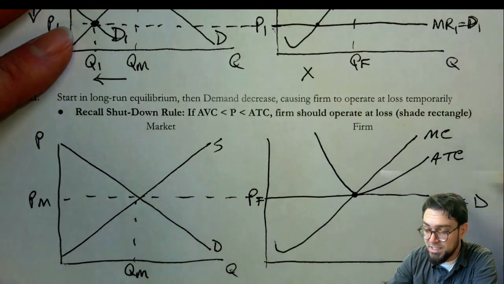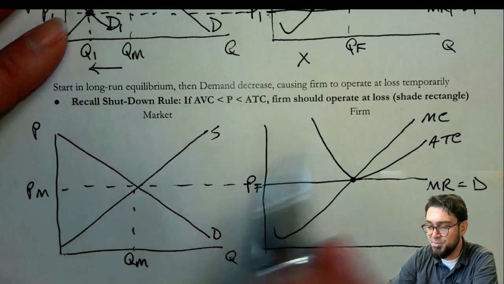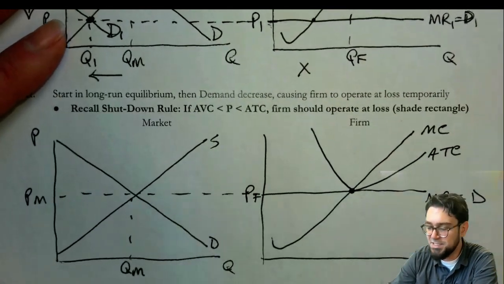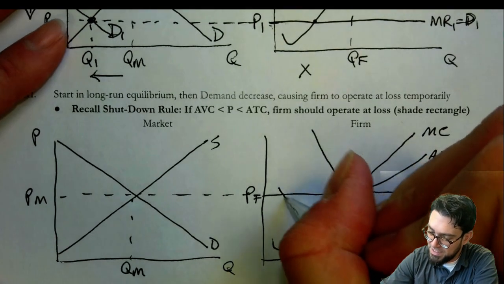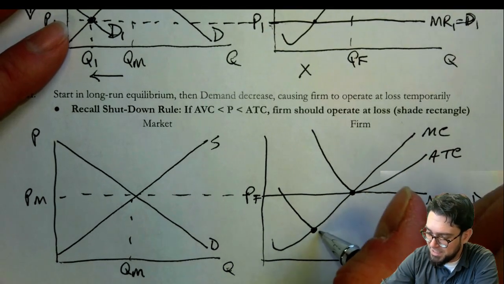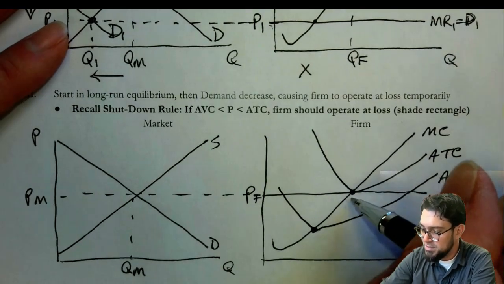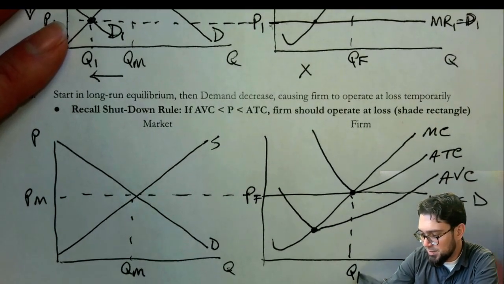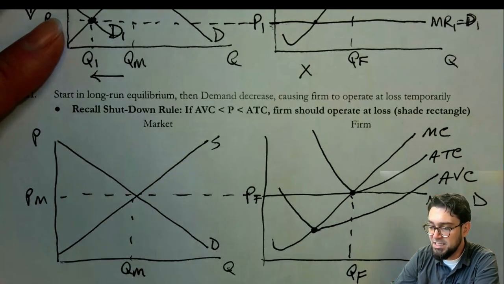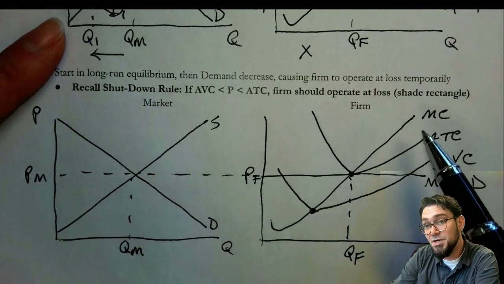And then for this one, it's going to be a little easier because we want price to be in between the ATC and the AVC. We're going to want that AVC to be a little bit lower. It's just going to make it easier on us if we do. And then come back up, AVC. So we know the firm first starts out producing at Q sub F, and then demand is going to decrease, causing the firm to continue to operate at a loss.